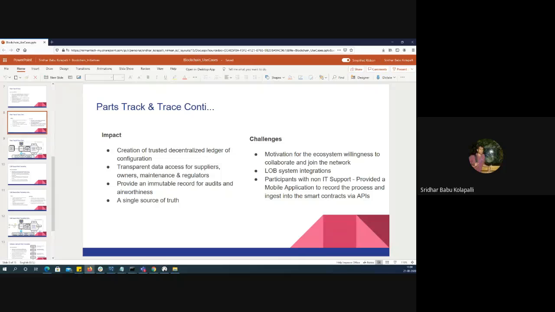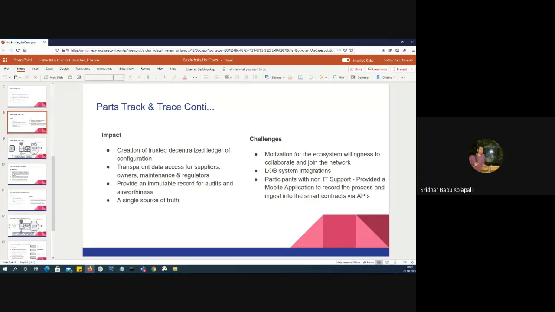Let's take a simple example: a bolt manufacturer may not have an IT system. He just manufactures the bolts and gives them. But any variation in the bolt dimensions has an impact on the overall assembly line. So don't expect that everyone will have IT systems. That's exactly what we ran into: some of our suppliers do not have IT systems.